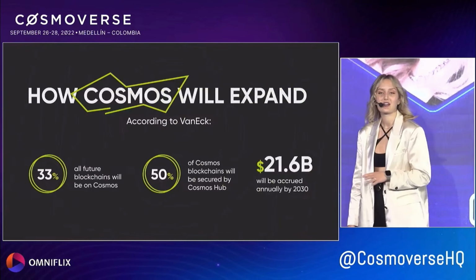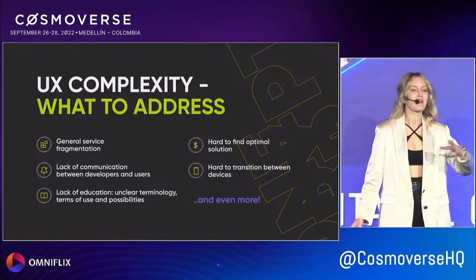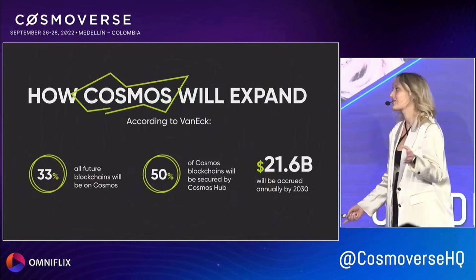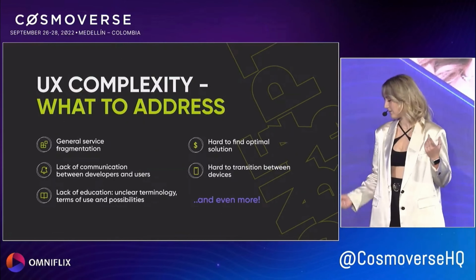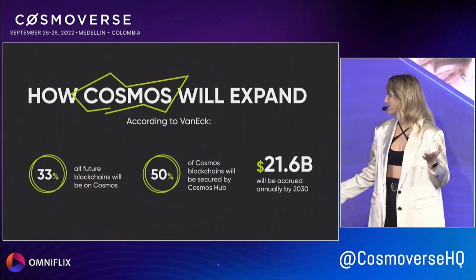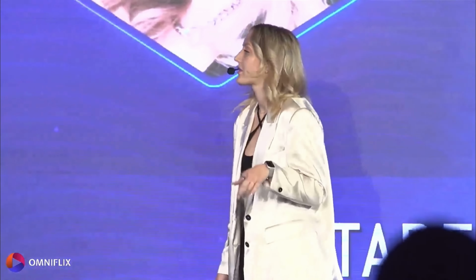But before we start, why we're here: Cosmos is expanding tremendously. We've seen a lot of newcomers and a lot of new projects coming to the ecosystem. Recently, VanEck Research reported that more than 30% of all future blockchains are going to be hosted on the Cosmos ecosystem, with more than 50% of them being secured by the Cosmos Hub, and the value accrual by the year 2030 is going to be more than 21 billion.